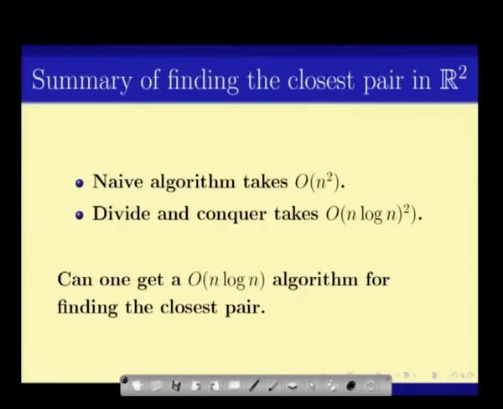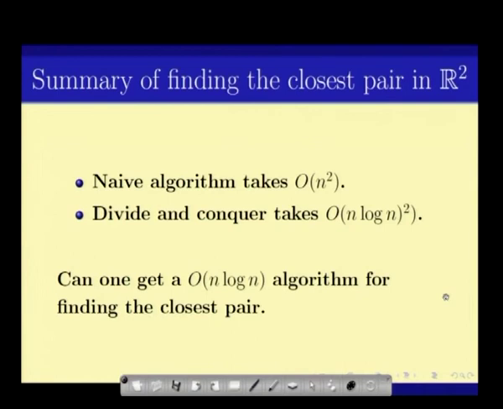So, we have the naive algorithm that gave us order n square steps. Then we had the divide and conquer approach, which gave order n log squared n. And the question is, can one get an order n log n algorithm?